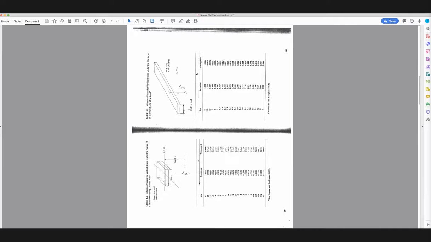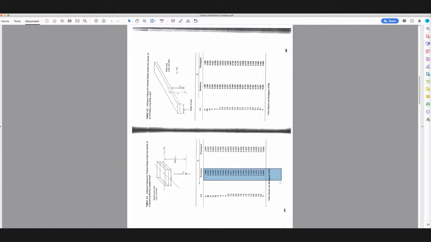But this is a table now of stress beneath the center of a foundation, so that superposition of four little elements has been done for you in this case, and directly from this table you can grab numbers for values associated with different depths under the center of the foundation.